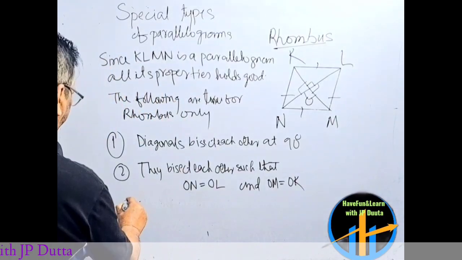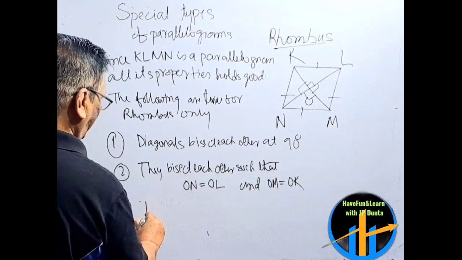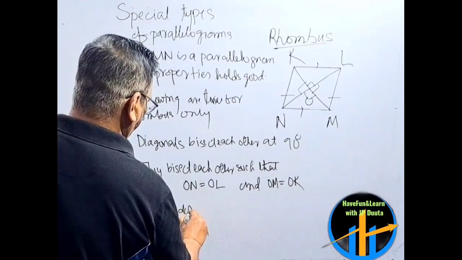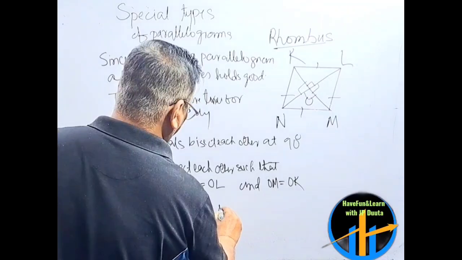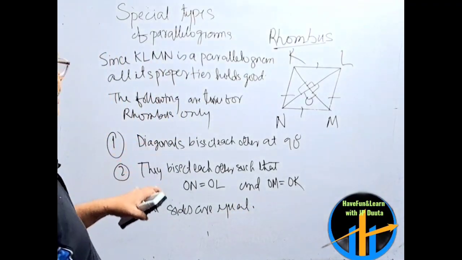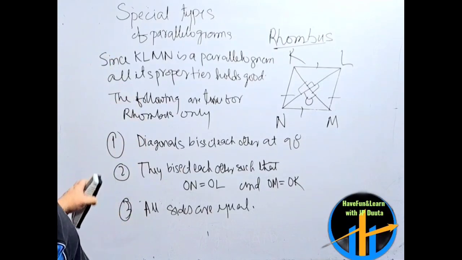Right? Number three, all sides are equal. So these are the properties that apply to a rhombus.